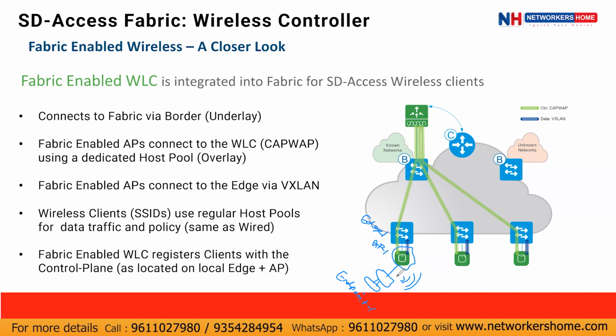When it sends any request to this access point, the access point will exchange this traffic with the edge. The control traffic is CAPWAP. The data traffic is VXLAN. You can see it here. So it will exchange this traffic with the edge node, and the edge node will treat this traffic the same as it would a directly connected wired client.